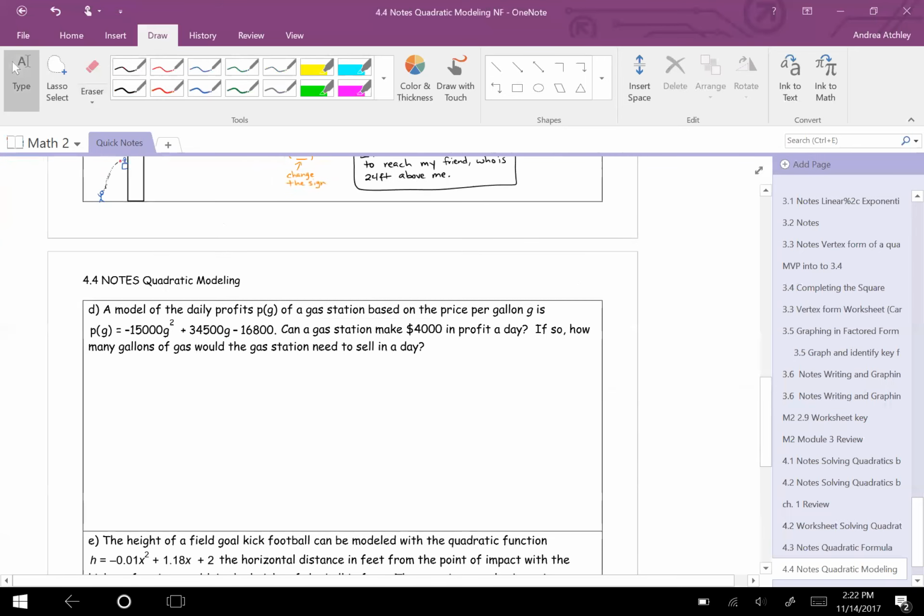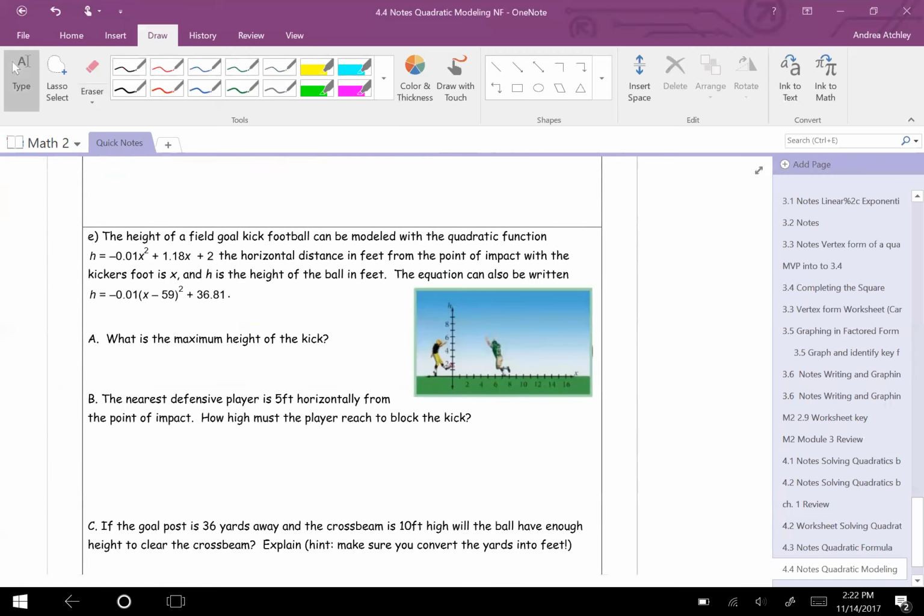We're going to skip D for now. We're going to come back to it in just a second. I want to do this one next because it kind of applies to what we just did. Okay, E. The height of a field goal kick football can be modeled by the quadratic function. Another wonderful, fun equation.